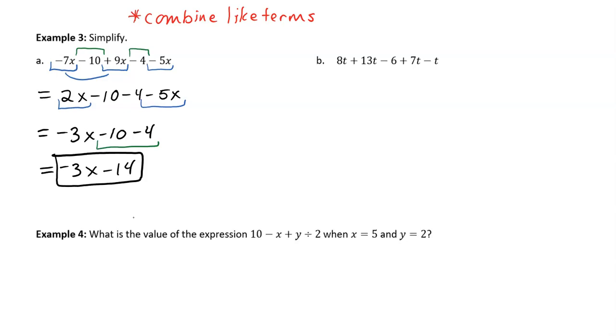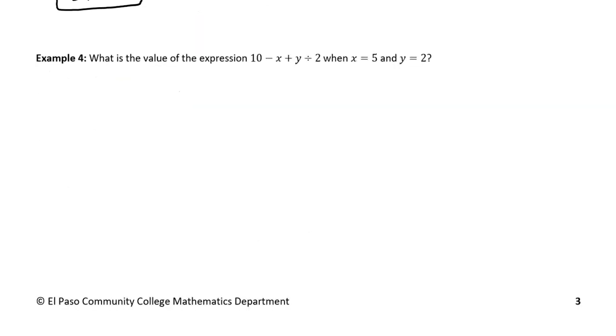Let's try this example 4 down here. Example 4. What is the value of the expression 10 minus x plus y divided by 2 when x equals 5 and y equals 2? So they're telling us right off the bat, we have an expression.